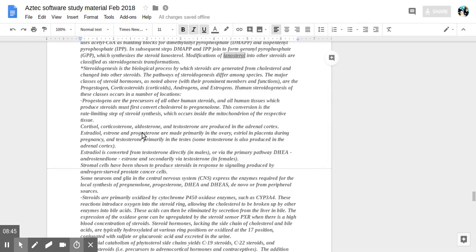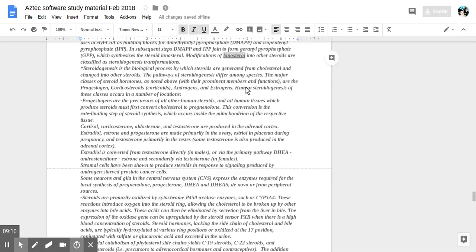Steroidogenesis is the biological process by which steroids are generated from cholesterol and changed into other steroids. The pathways of steroidogenesis differ among species. The major classes of steroid hormones noted above with their prominent members and functions are the progestogens, corticosteroids or corticoids, androgens, and estrogens. So four groups.